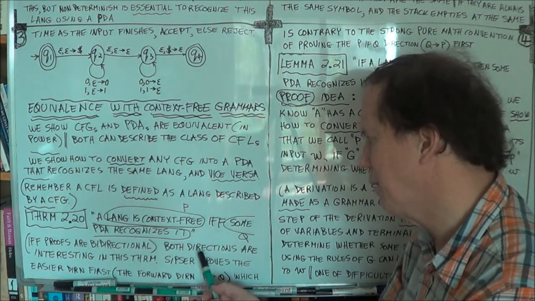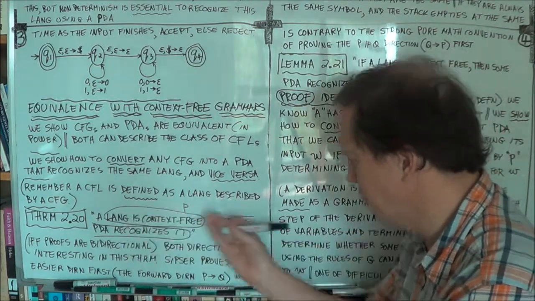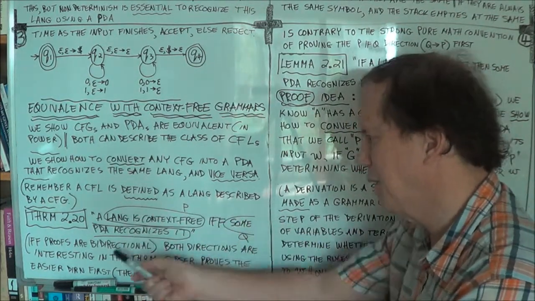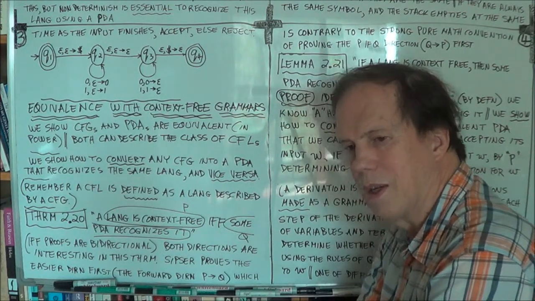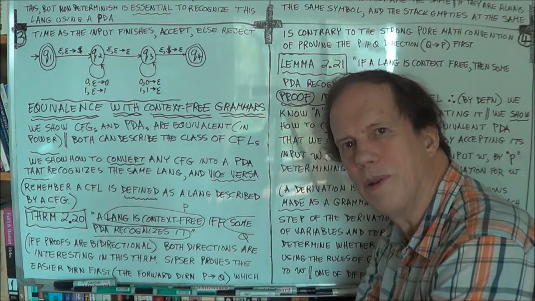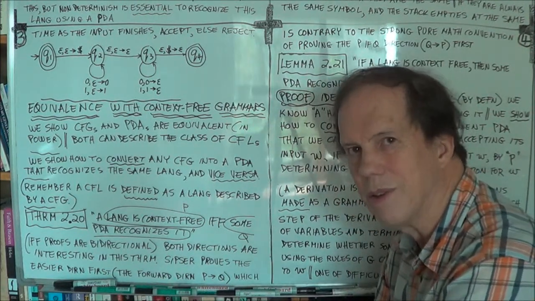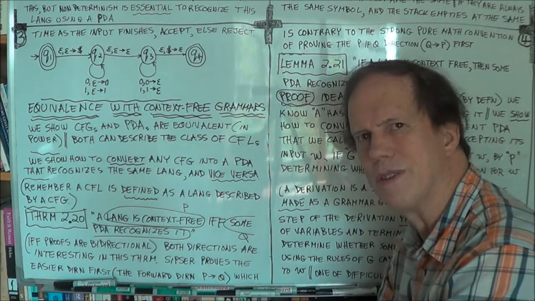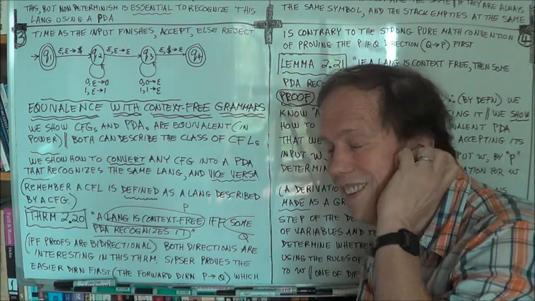Now, Sipser states that both directions, proving it both ways, are interesting. Getting one from the other is as interesting as the other from the one. It's not as though one direction is trivial and the other one's interesting. They're both interesting, and long.